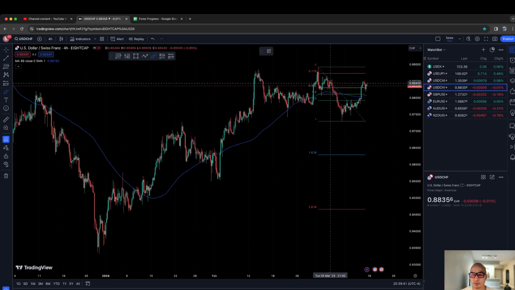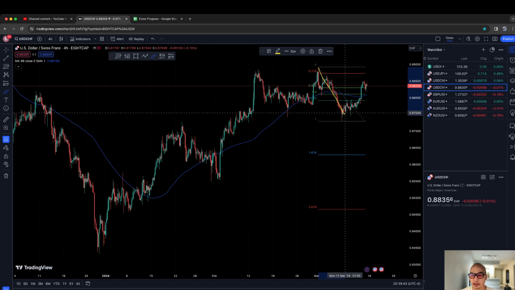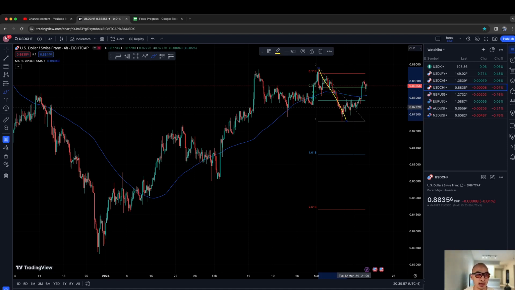Okay, so right now we have a down leg like this, but I don't like the size of this leg. It's too small, and when there is a small leg, the market can easily make a new local minimum or maximum point. So that's why I wouldn't recommend selling USD Schweizer franc.